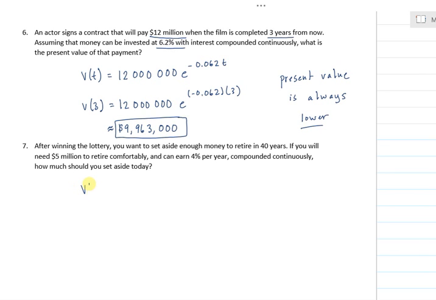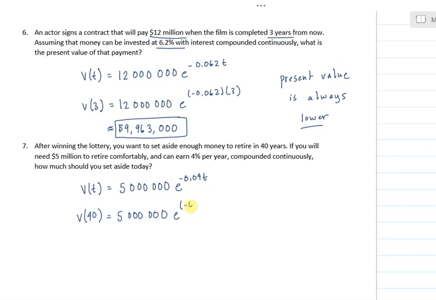So the value at time t, we want $5 million e to the negative 0.04 t. We don't have to set aside more than $5 million to have $5 million in 40 years. We need to set aside less. That's why it's negative. Same as the previous problem. So here we're using 40 for our time.